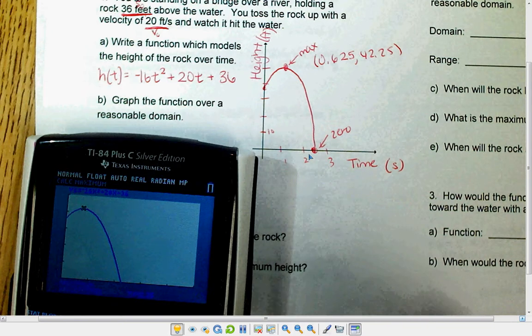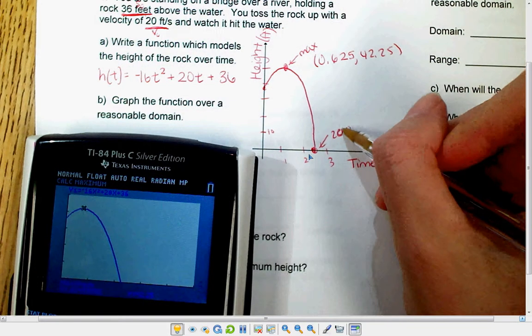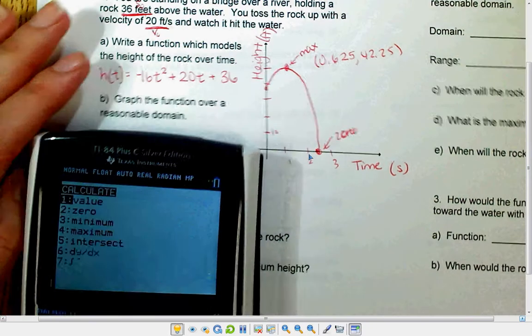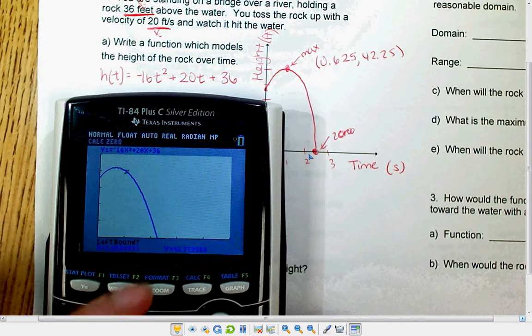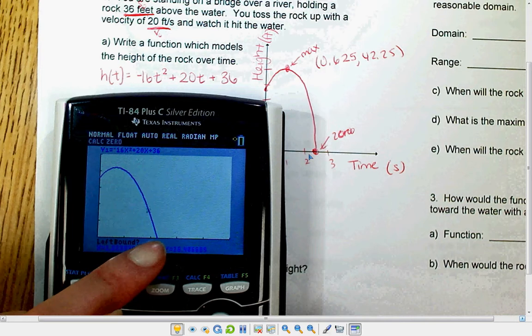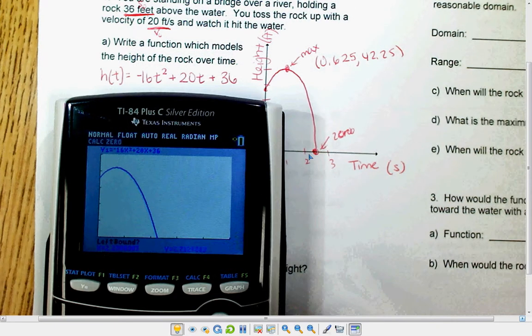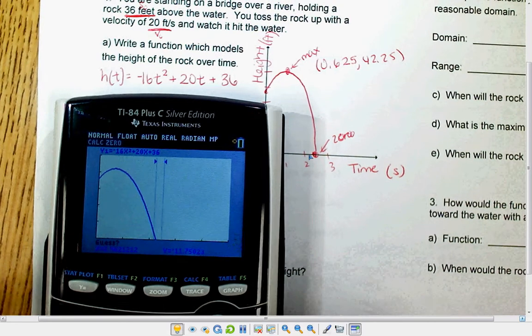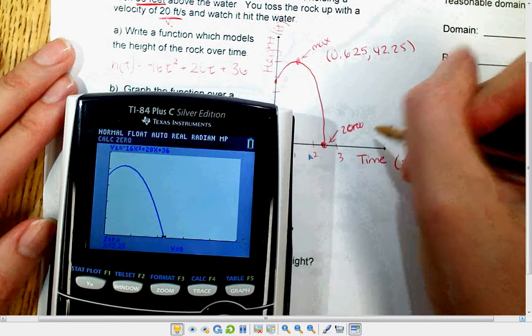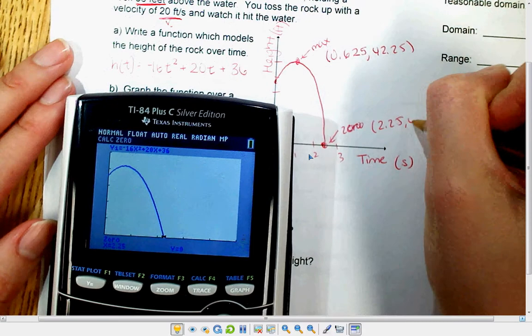Now for my 0, I'm going to go to second calc number 2, which is 0, and left bound of the 0. So again, my 0 is right here. You want to go on the left side of the 0, and then on the right side, so it's off the graph. Press enter again. We get a 0, which is 2.25, comma 0.